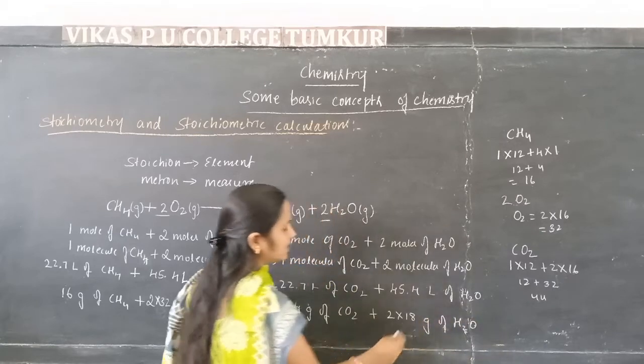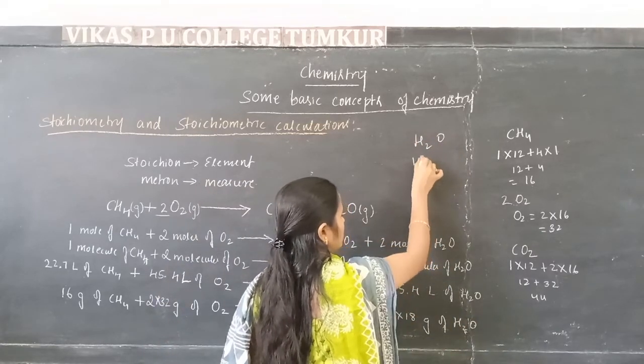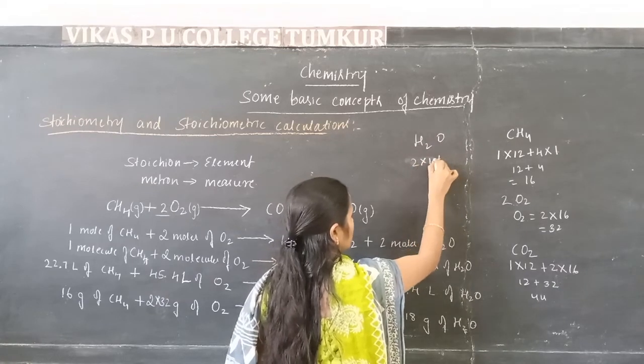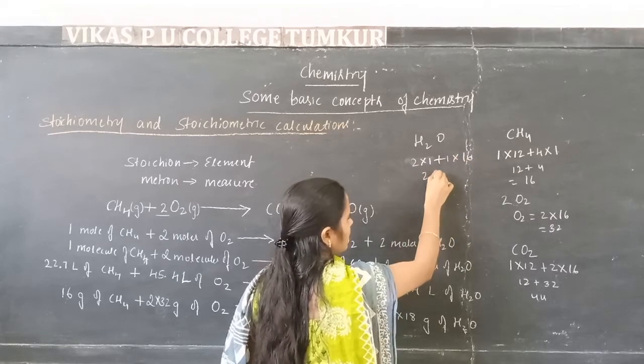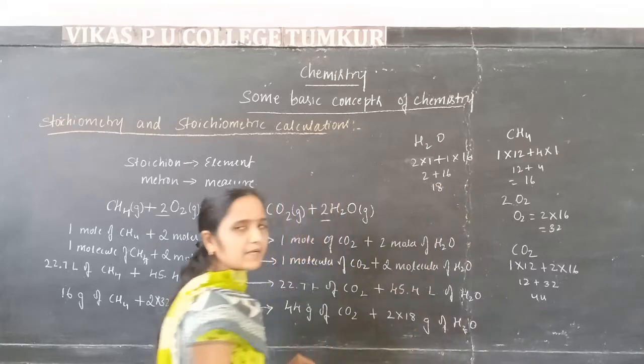How do we get 18 for water? H2O is 2 into 1 plus 1 into 16, that is 2 plus 16, 18 gram.